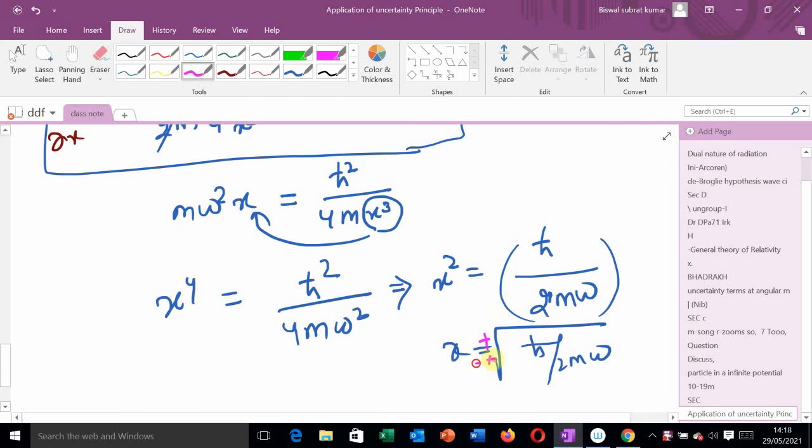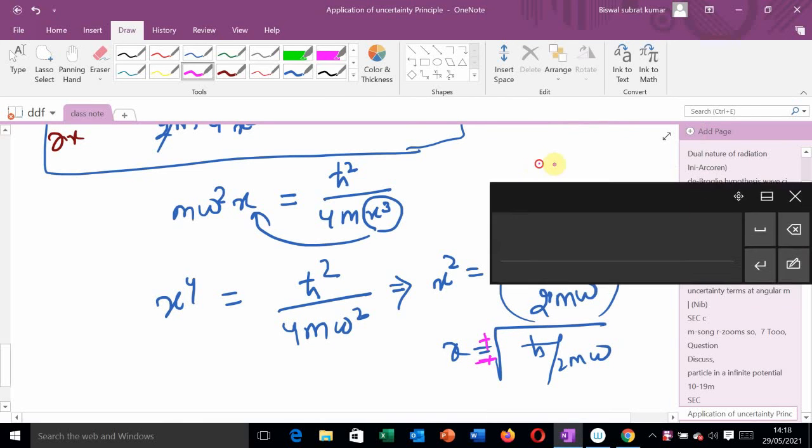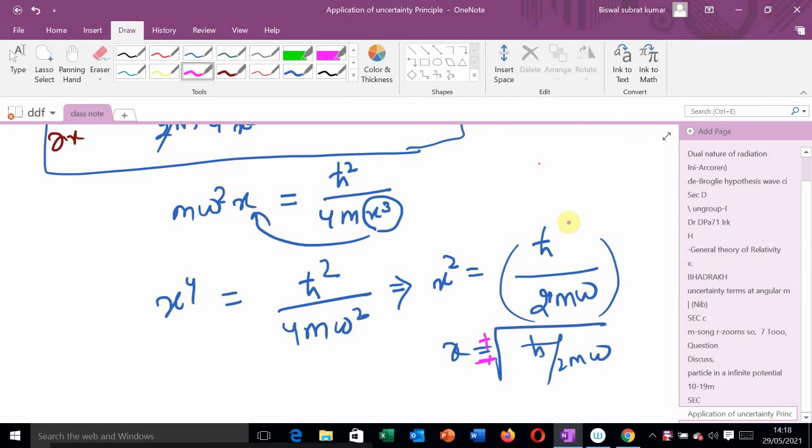So suppose this is the mean position, and towards these sides, actually in between this region, the energy is minimum. You can take it as positive square root of h cross by 2 m omega, and this one is negative.